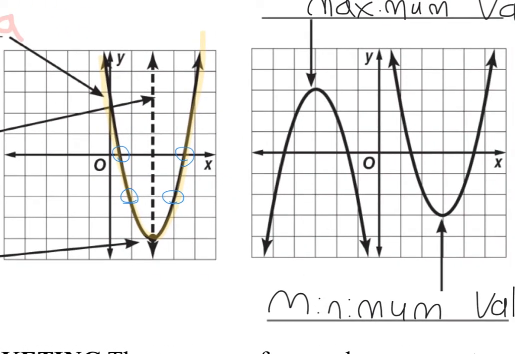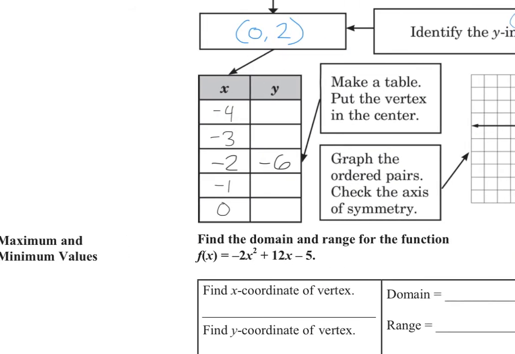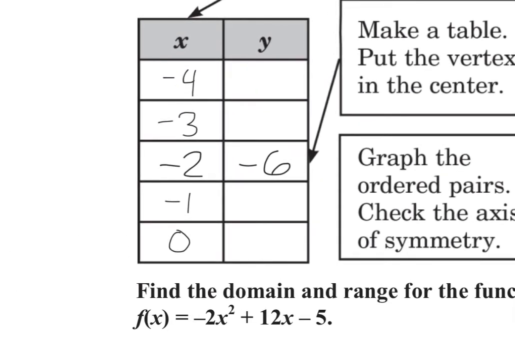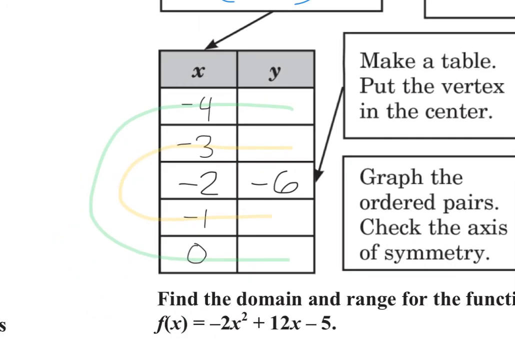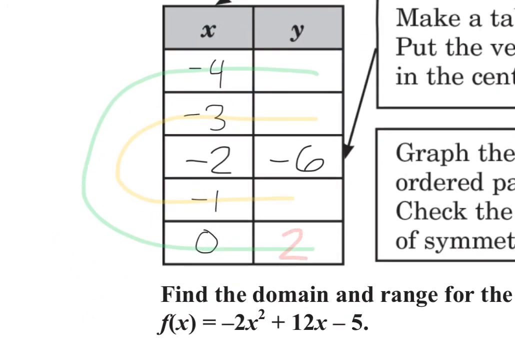So we can use that concept to speed up the table process. What that means is as long as we put the vertex in the middle, these 2 points are going to be the exact same as far as the y values are concerned. These 2 points are going to be the exact same as far as the y-coordinates are concerned. And so the way that helps us is that this 0 at the bottom of the table is our y-intercept. We can see our y-intercept was 0, 2. That means that this coordinate point also must be -4, 2.